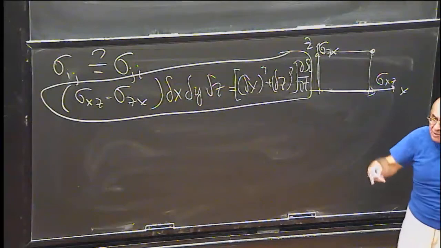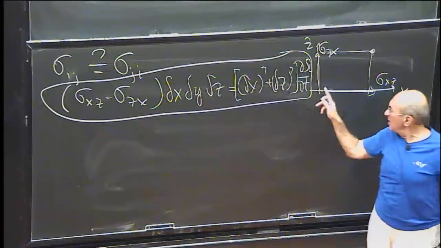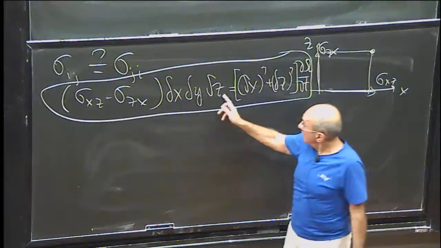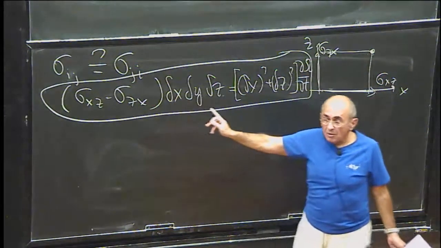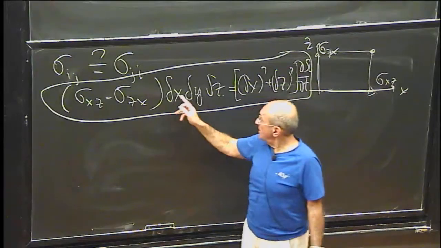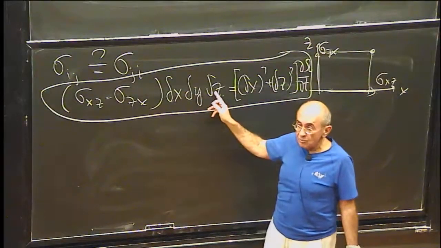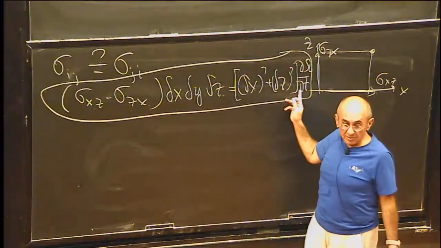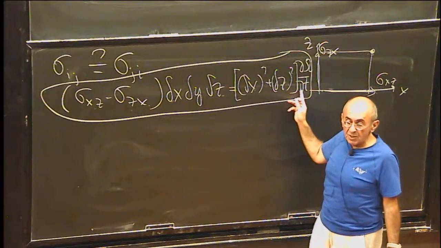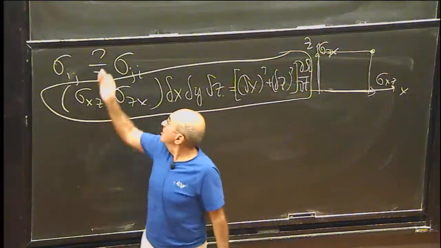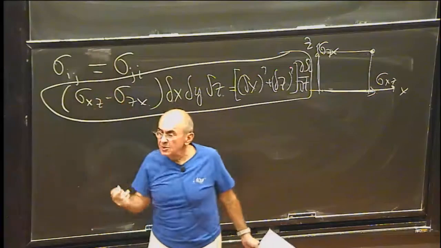But if I take it at a given point, this component would be, look, this is 1, 2, 3 small distances, and this is 2. So when my delta x, delta y, delta z go to 0, if this is finite, this is infinite. So to prevent infinite angular acceleration, my stress tensor must be symmetric.